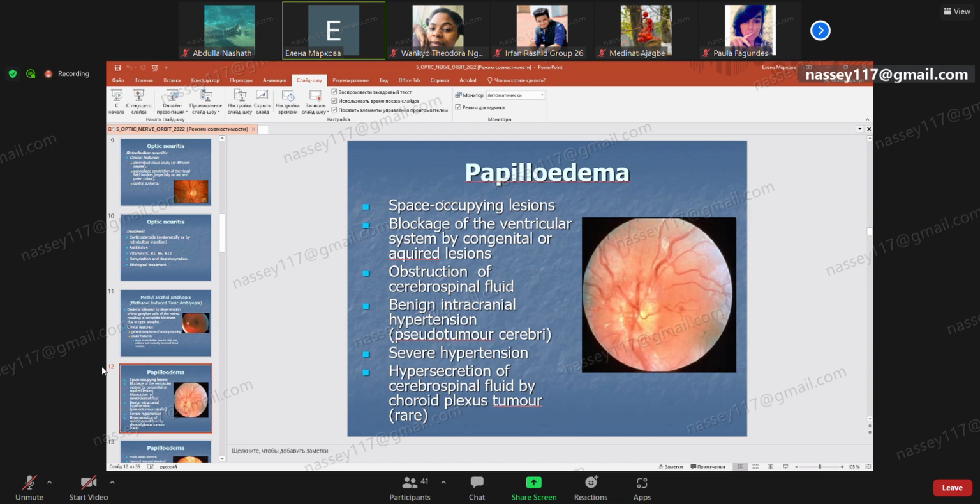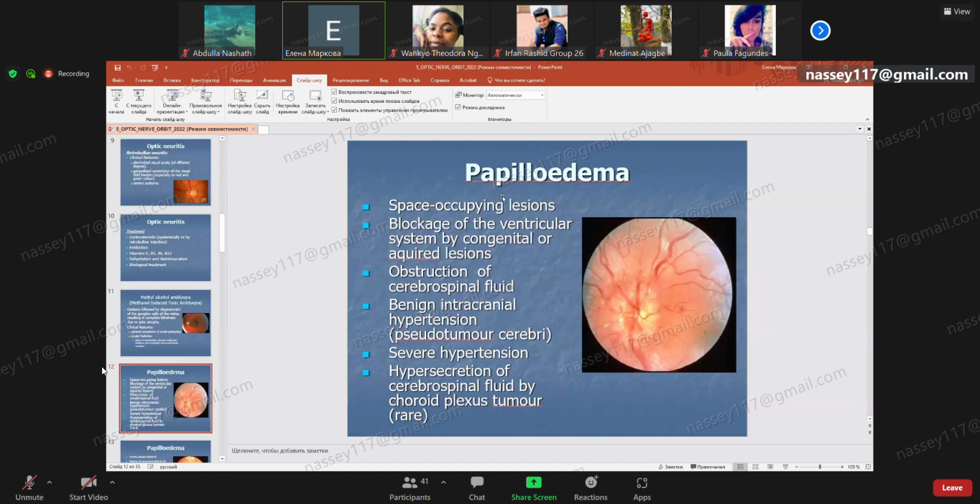Thirdly, obstruction of cerebrospinal fluid as a result of meningitis or cerebral trauma. Fourth, benign intracranial hypertension, for example in pseudotumor cerebri. Fifth, severe hypertension. And finally, hypersecretion of cerebrospinal fluid by a choroid plexus tumor, but it's not common and it's a very rare pathology.